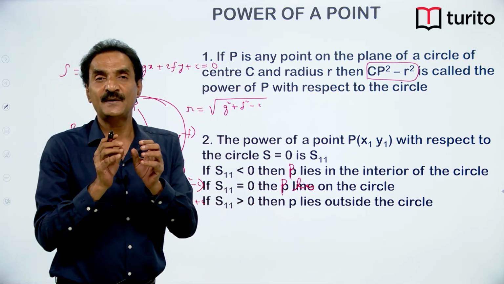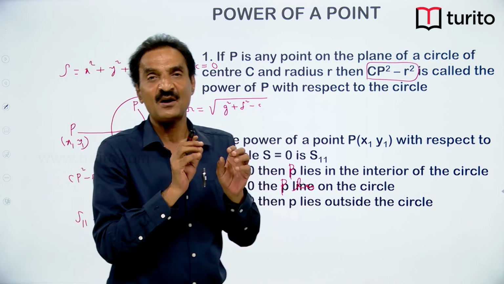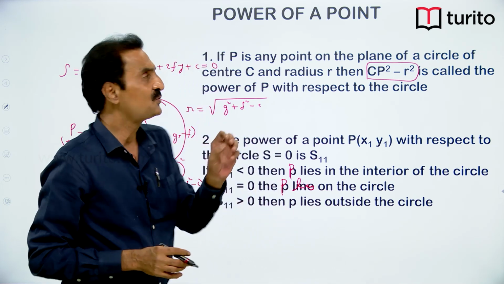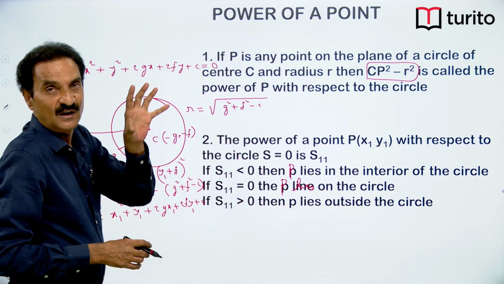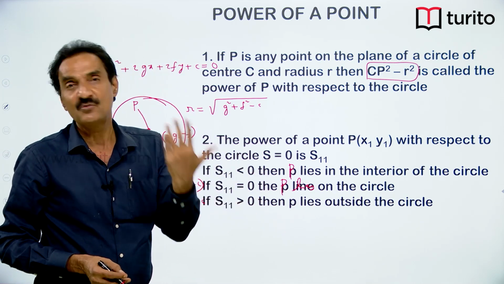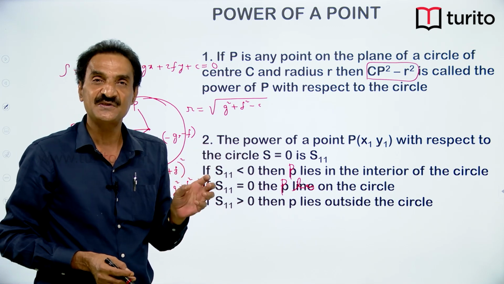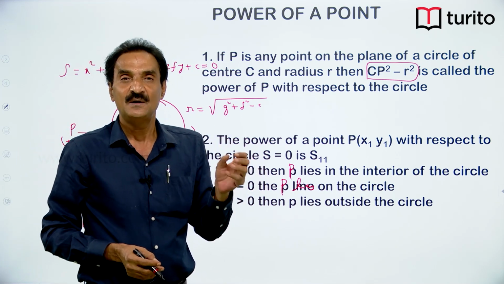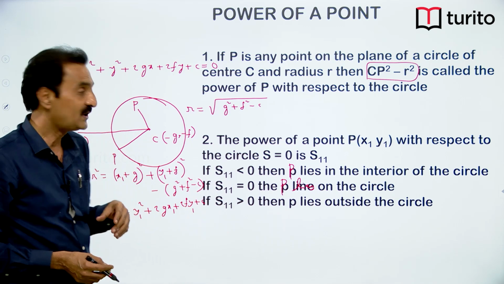So, if you want to know whether the point is inside, outside or on the circle, just substitute the point in the equation. If the value of the expression is positive, the point is outside; if it is negative, the point is inside; if it is 0, the point is on the circle.